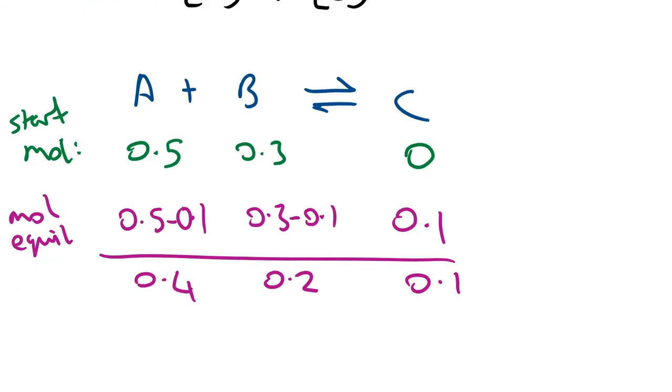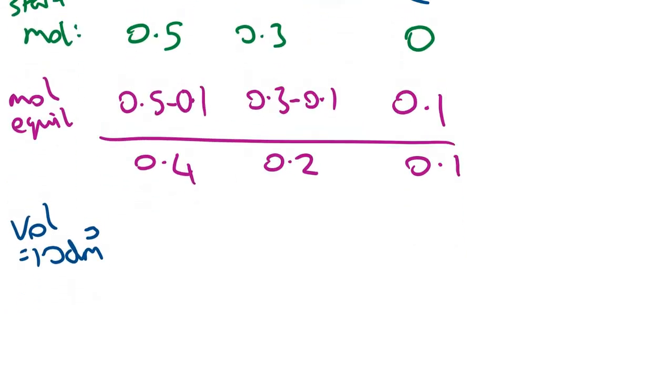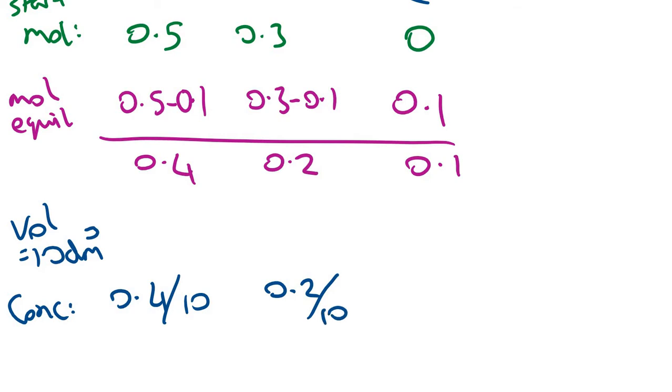Now, the volume is 10 decimeters cubed. Well, if the moles is 0.4 and the volume is 10, therefore the concentration of this is going to be 0.4 divided by 10, the concentration of this is going to be 0.2 divided by 10, and the concentration of this is 0.1 divided by 10.